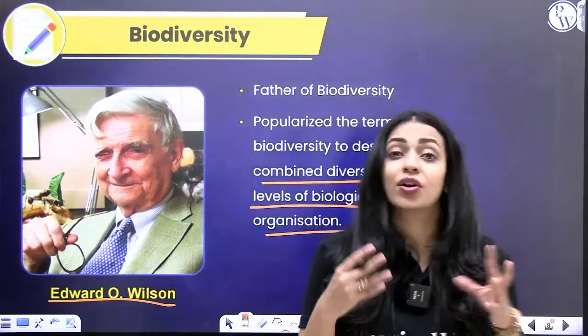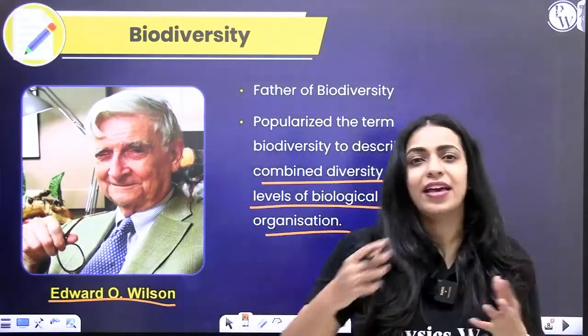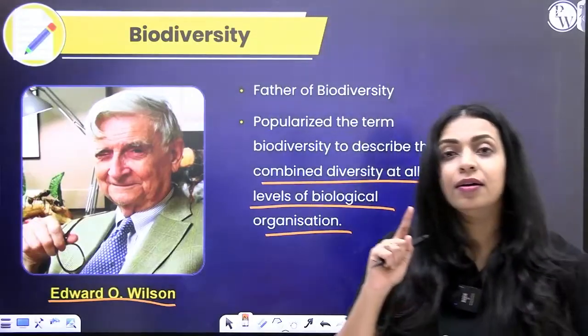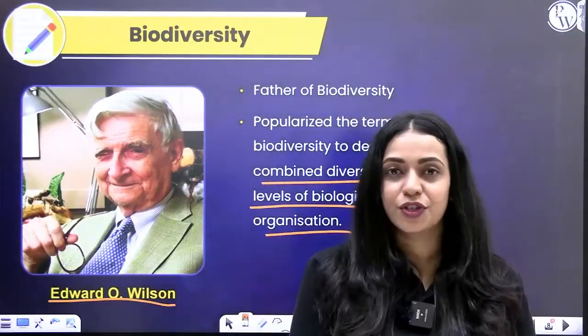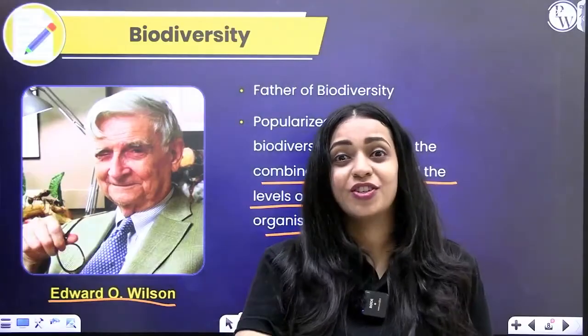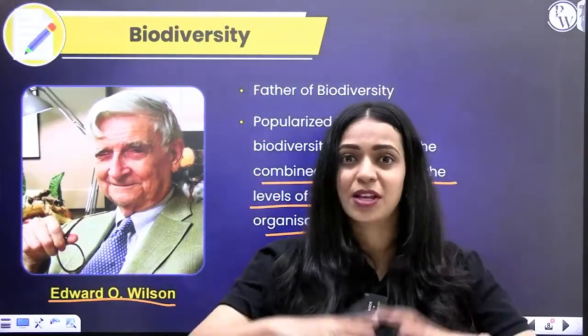If you watched or studied the chapter ecosystem, you know that there are various levels of biological organization. We start off from the macromolecules that are present inside of our cells, and then we have cells, tissues, organs, organ systems, organisms, populations, communities, ecosystems, and biomes in biosphere.